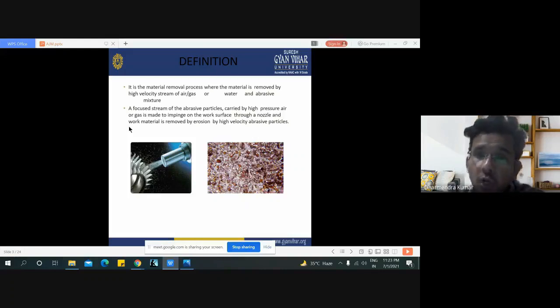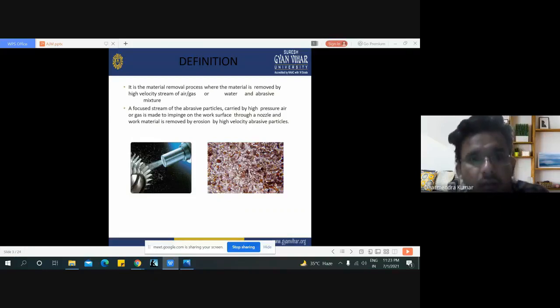Here we use a nozzle to direct high velocity air onto the workpiece, and the extra material is removed by mechanical erosion by the high velocity abrasive particles.